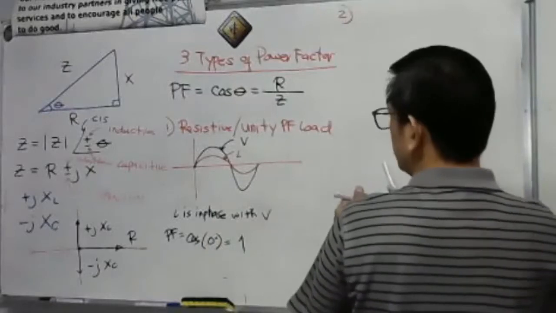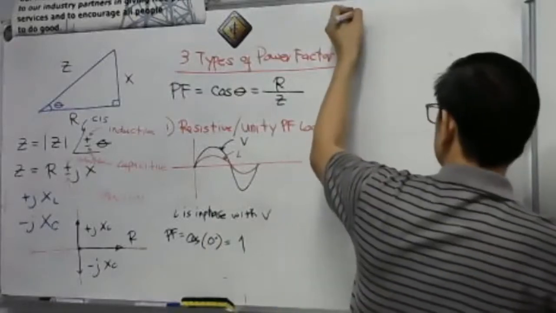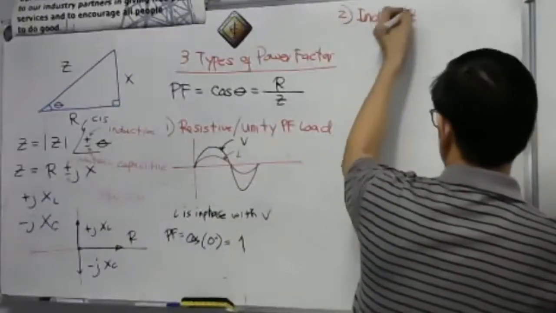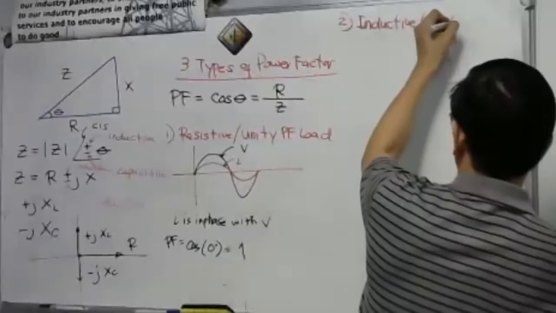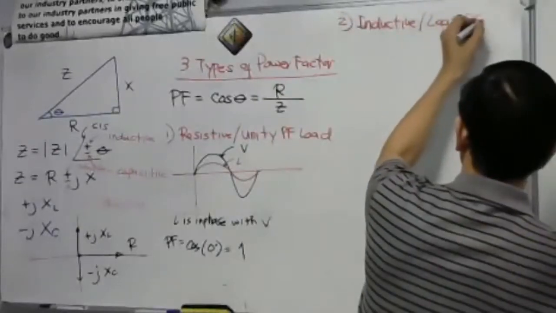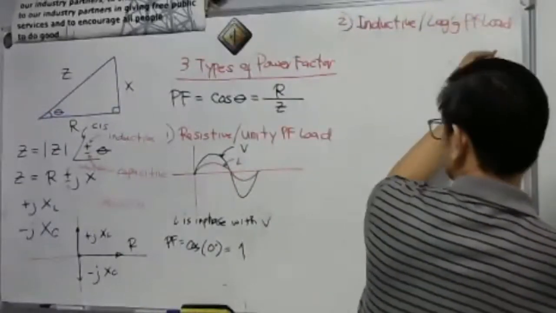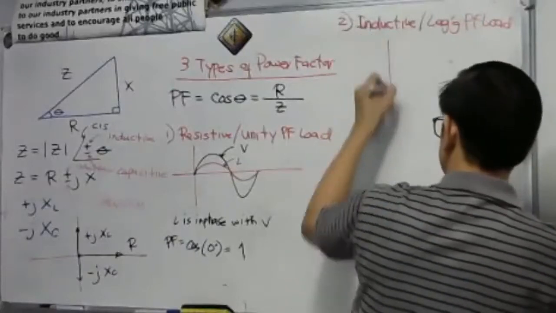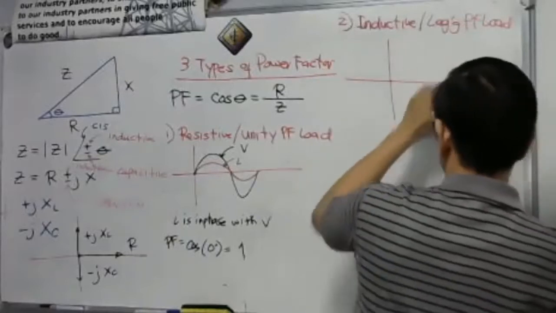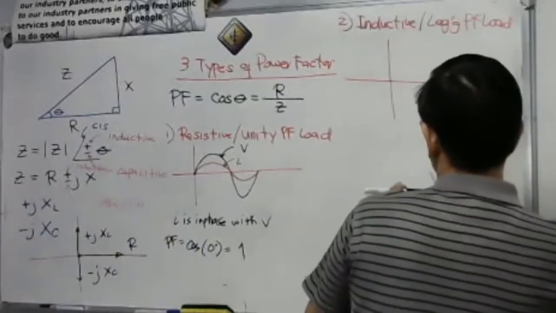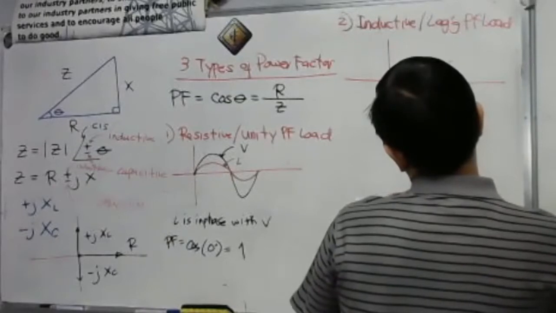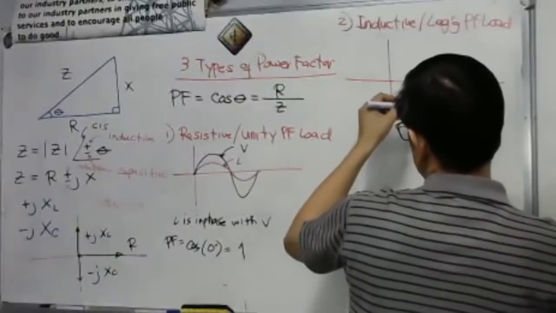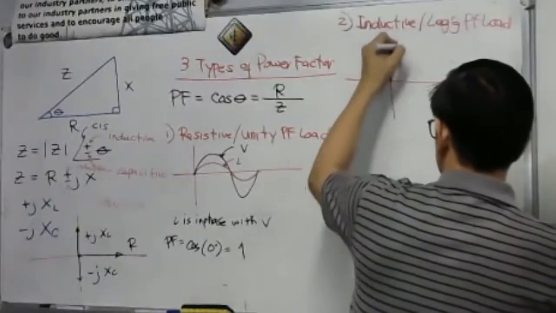Therefore, number 2, we have what we call the inductive load, or what we call the lagging power factor load. What do you mean by this? So we have here, let's say, our voltage waveform.